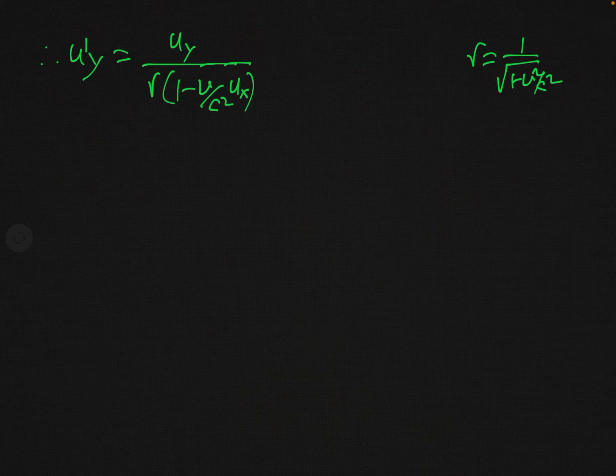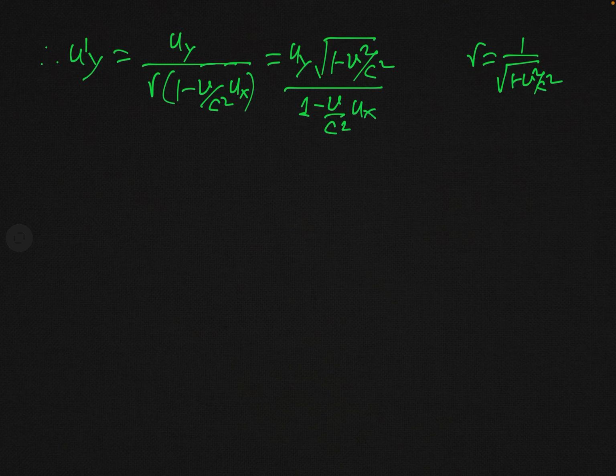If we substitute this value of gamma, the same equation may be written as uy into root over 1 minus v square over c square over 1 minus v over c square into ux. Say this is equation 3b.